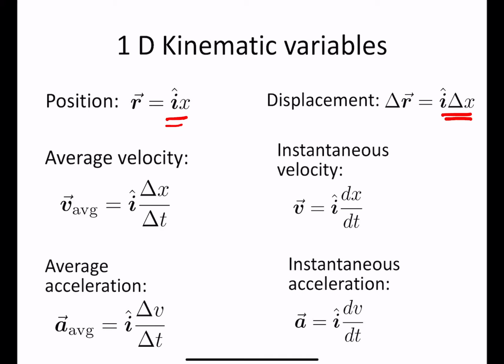So this is what we just discussed. The limit of delta x over delta t is dx/dt, and we talked about how that comes about. And then average acceleration is very similar. It's the rate of change of the velocity, so it's i hat delta v divided by delta t. And the instantaneous acceleration is just the same thing, delta v over delta t in the limit delta t tends to 0.